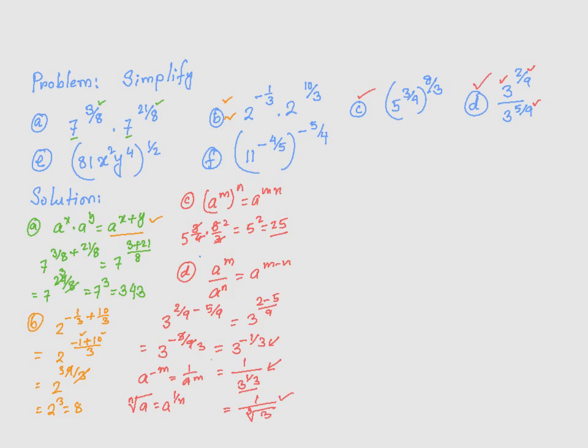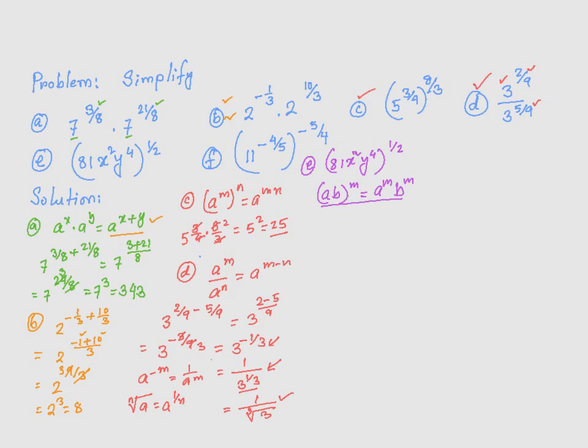Now let's go ahead and do part e, which is 81 x squared y to the power 4, the whole thing to the power 1/2. Now to simplify this, I'm going to use this rule for exponents: ab to the power m is equal to a to the power m times b to the power m.